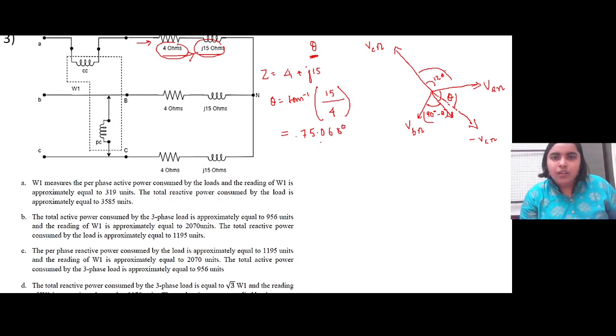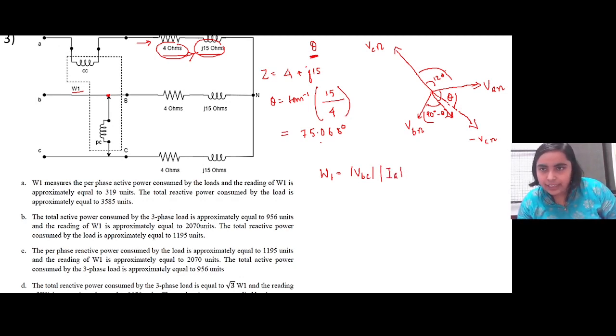Now that we have theta, let us calculate the W1 reading first. This is the wattmeter reading. Like the reactive power, let's not name it now. Let's calculate W1 first. This will be equal to VBC, current, let it be IA.